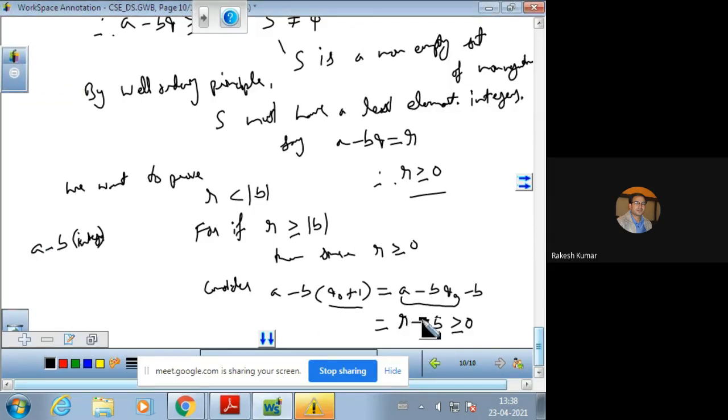So that is r minus b is greater than or equal to 0.